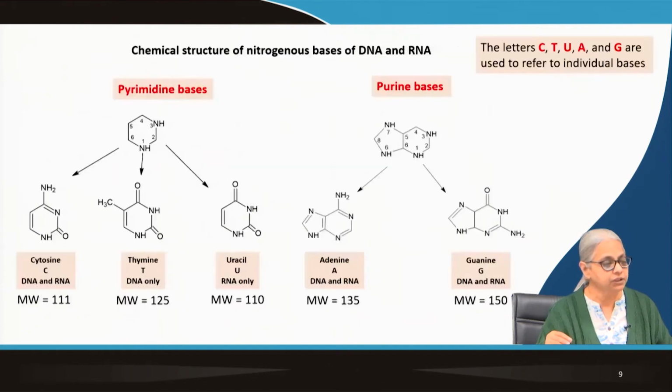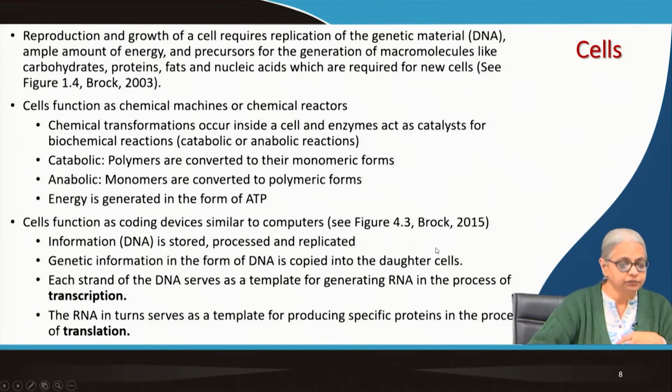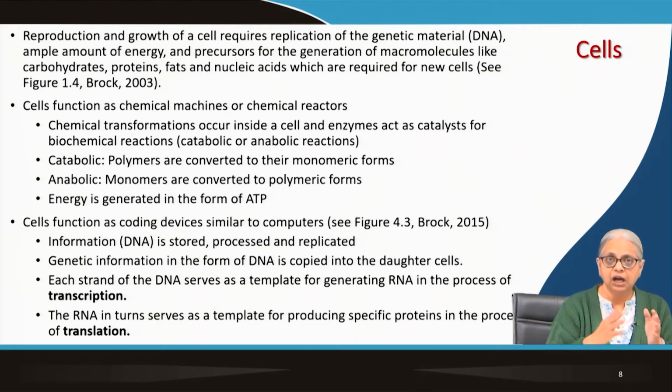You can refer to the textbook. I have given references to figures in the textbook. You can refer to them. They are very simple, neat sketches of how the different types of RNA are involved in what we call the transcription process. So a single strand of the DNA is going to serve as a template for generating RNA.